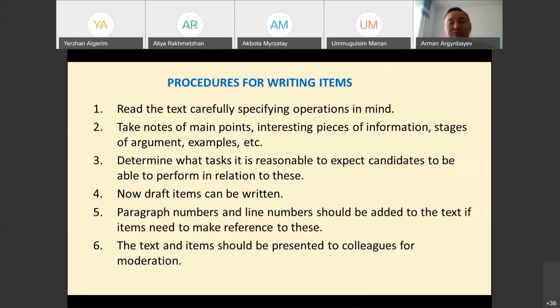And of course, all tests should be presented to our colleagues for moderation, correction. We should get feedback from our colleagues. Is the text appropriate enough? Are the questions clear enough? Do the questions actually align with learning outcomes? This is very important.